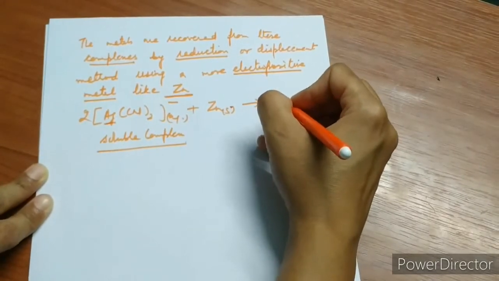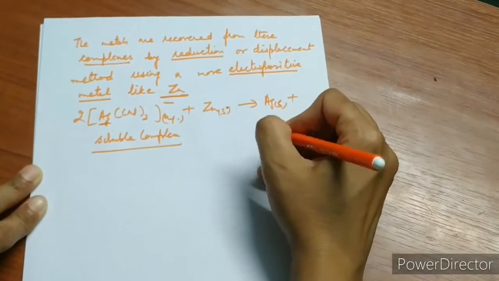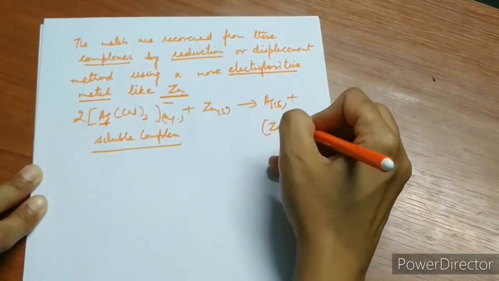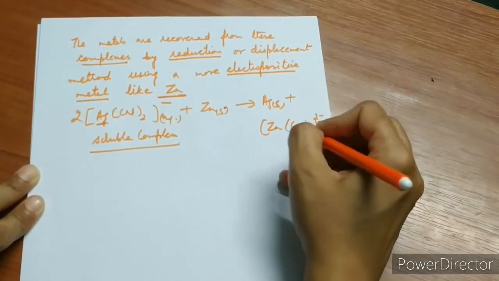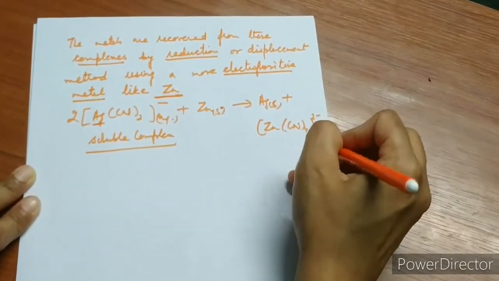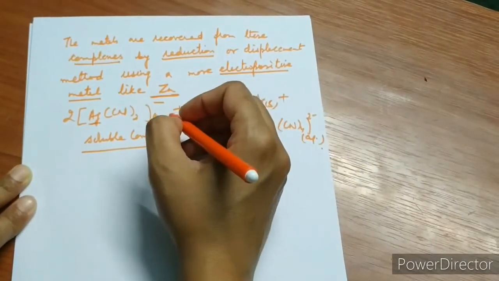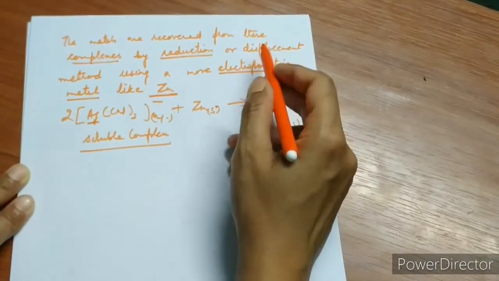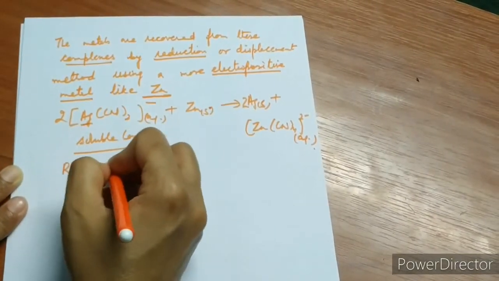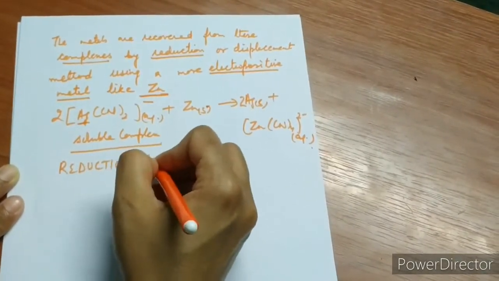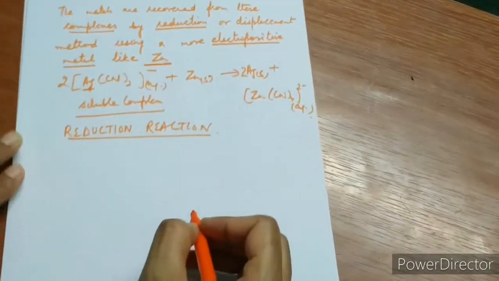Ag solid will be formed plus the complex Zn(CN)4 2 minus aqueous. So this reaction is called displacement or reduction reaction.